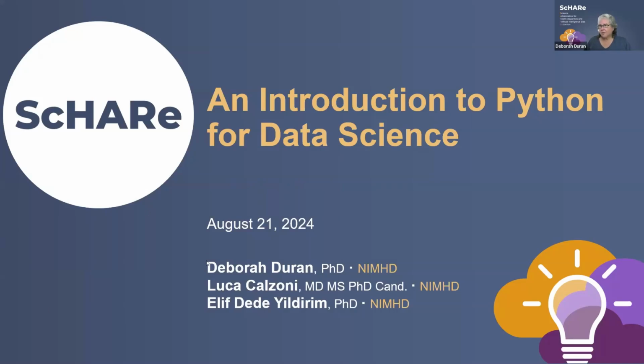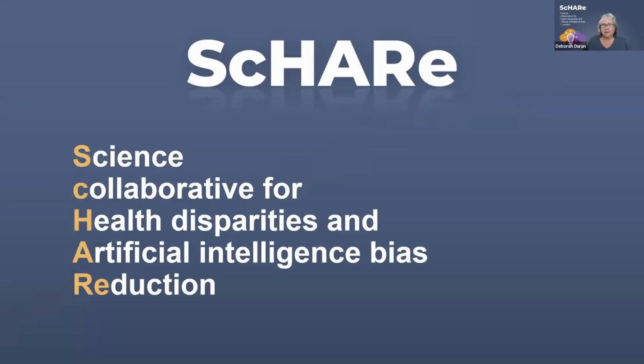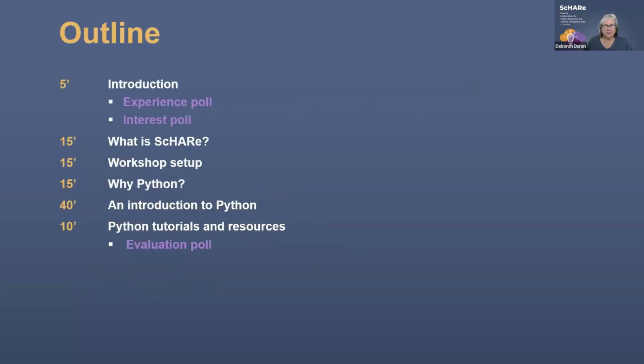We're going to start, though, with an overview because some of you are new to the Think-a-Thons. This is a platform called ScHARe. It's called the Science Collaborative for Health Disparities and Artificial Intelligence Bias Reduction. This was created to meet the needs of cloud computing, especially for population science, health disparities, and social determinants of health.